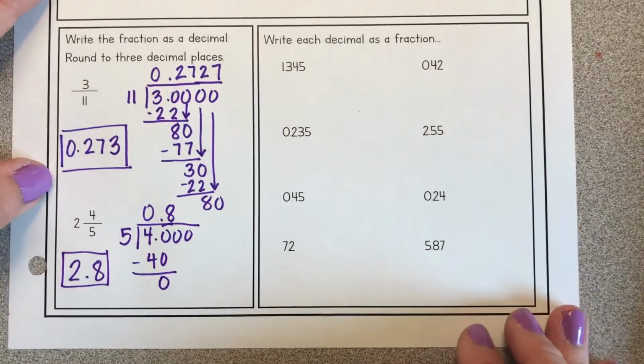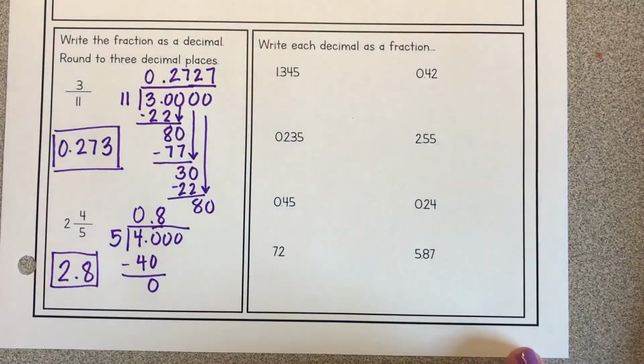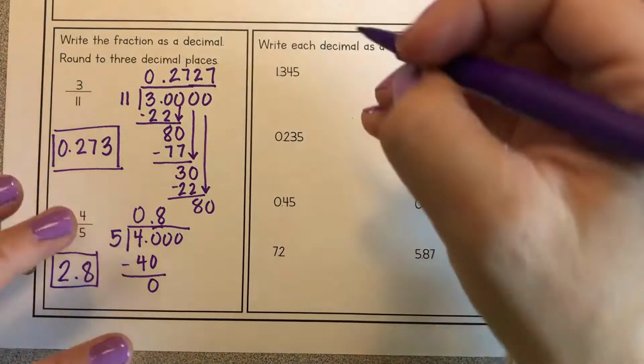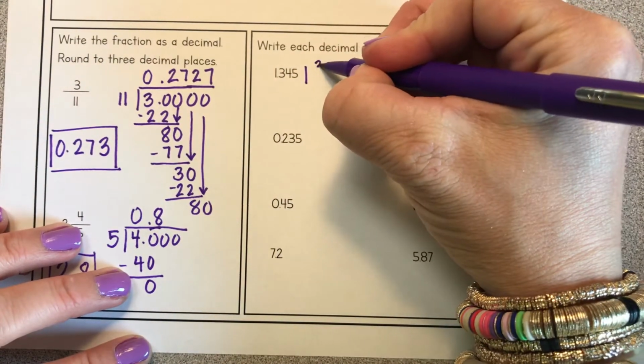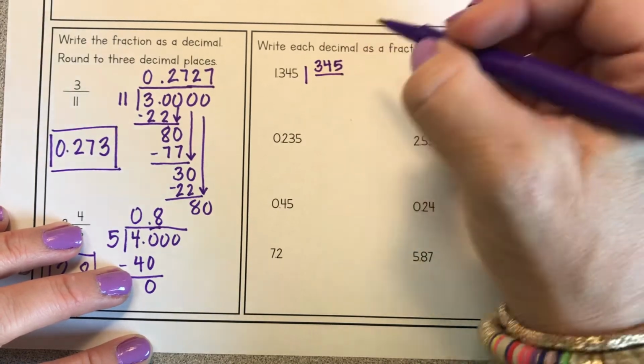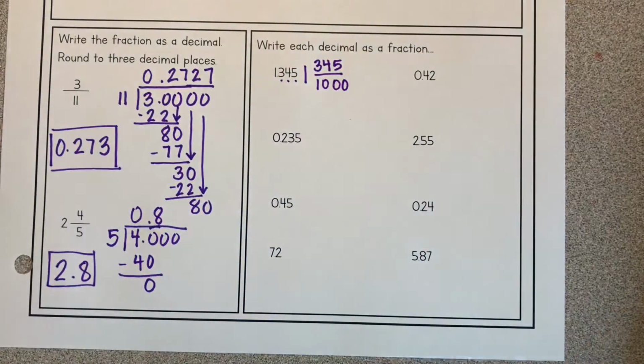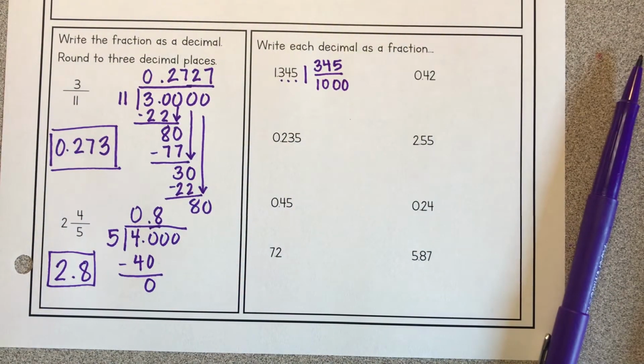Okay, and then at this right-hand box, it says write each decimal as a fraction. It should kind of say fraction or mixed number. I feel like that's pretty understood. Okay, so for this first one, we have the whole number 1, and then we have 345 in the tenths, hundredths, thousandths place. So 1 and then 345 over 1,000. But what I need to do now is simplify 345 over 1,000.